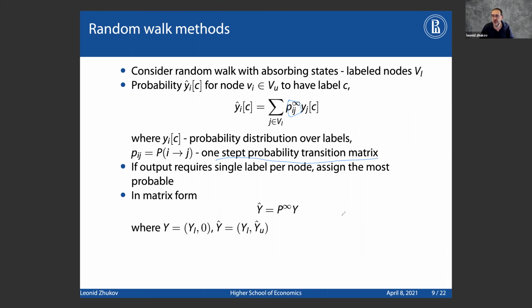In matrix form, you can write it the following way: split the nodes into labeled nodes and unlabeled nodes, and calculate the transition from labeled to unlabeled by taking the transition matrix, taking the original state, also split into a group of labeled and a group of unlabeled nodes, right? And multiply it by the transition matrix.